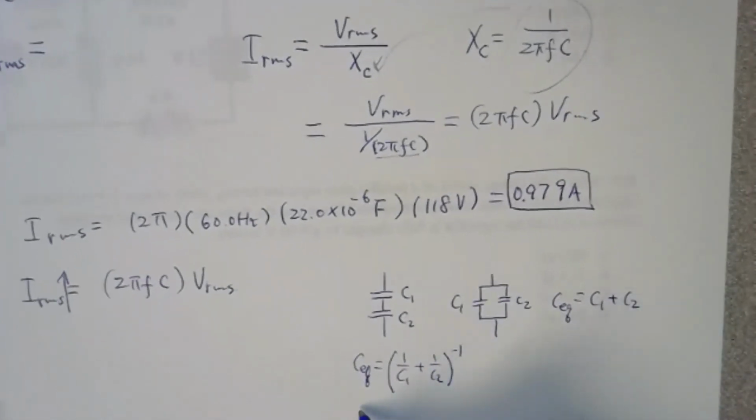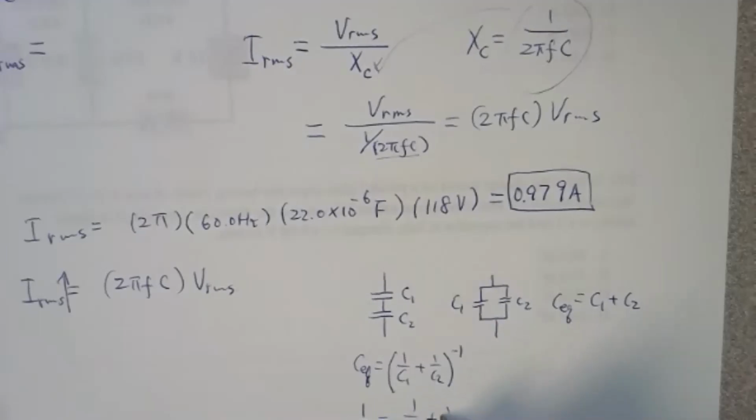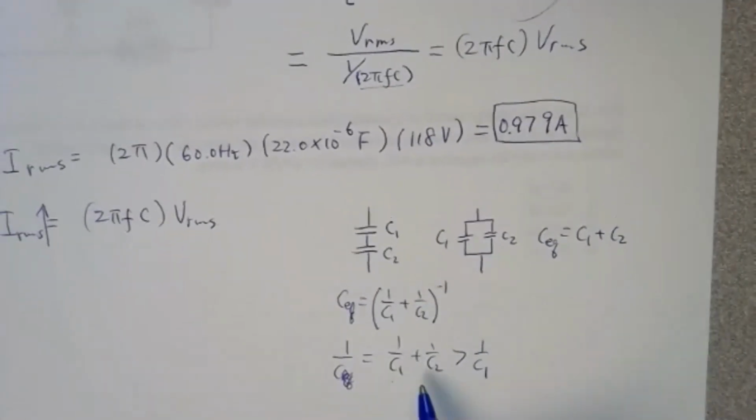Because this is equivalent to 1 over CEQ equals 1 over C1 plus 1 over C2, and 1 over C1 plus 1 over C2 is greater than 1 over C1.